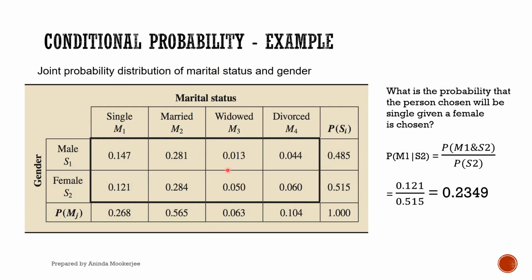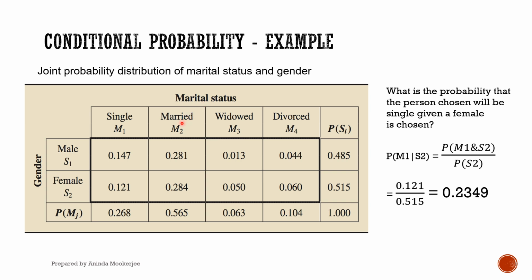We are going to use this example to demonstrate how conditional probabilities can be calculated. Given here is a contingency table, but this contingency table really gives us the probability distributions, not the frequencies. They have calculated the probability distributions and shown them on this table. We have two variables here, right? Contingency tables always deal with two variables.